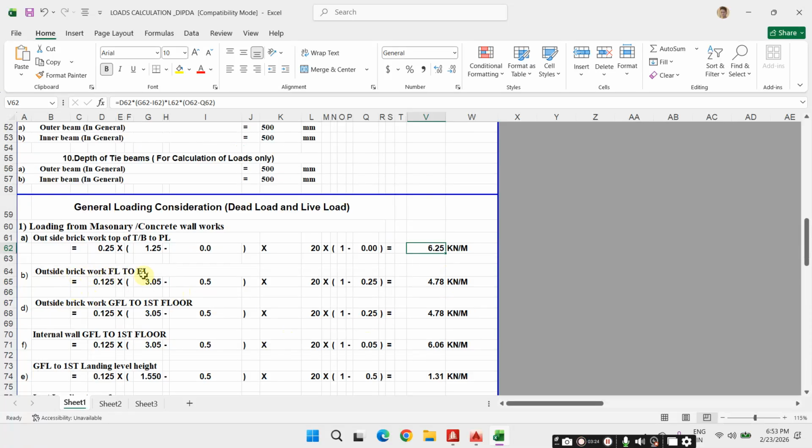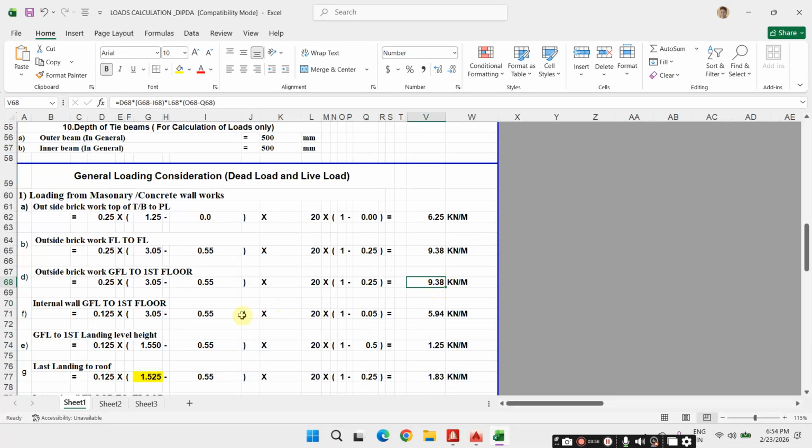And outside brick up floor to floor is 0.25, equal to 250 mm, height is 3.05, and here the floor beam 0.55, and outside brick up ground floor to first floor also 0.25, 3.5, and it is also 0.55.